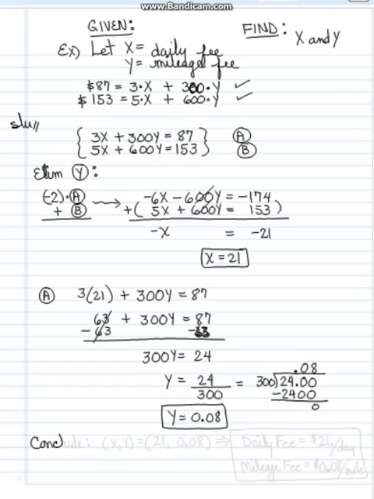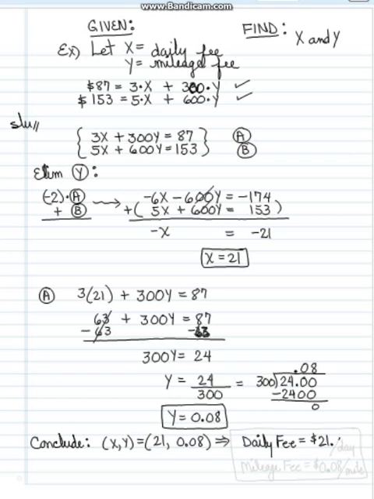Conclude. Well, we see the ordered pair (x, y) equals (21, 0.08). But what does that mean? That means x was the daily fee. The daily fee is equal to $21.